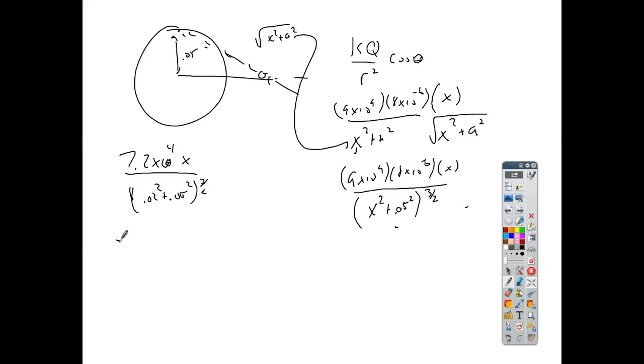Oh, wait, I need 0.02. So 7.2 times 10 to the 4th times 0.02 divided by parentheses 0.02 squared plus 0.05 squared in parentheses to the 1.5. Bam. I didn't get either one of your answers, did I?